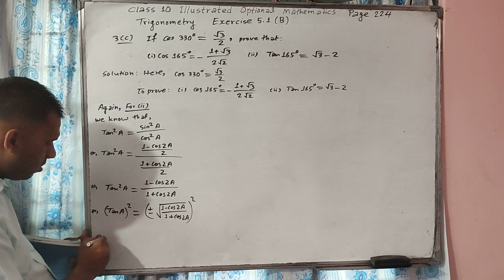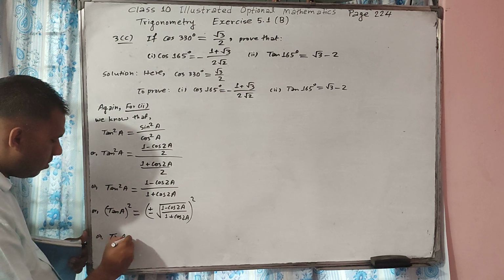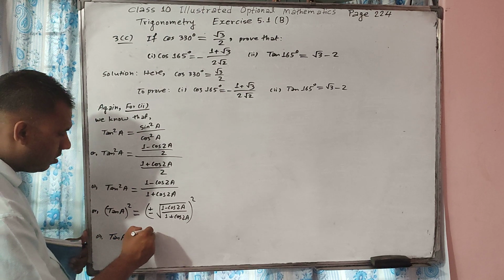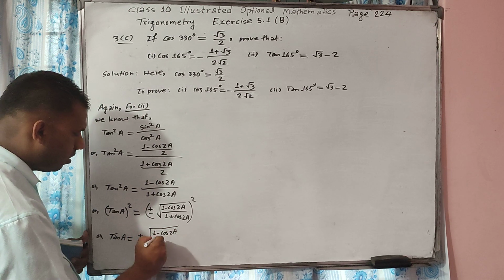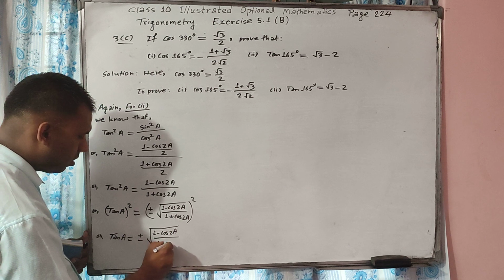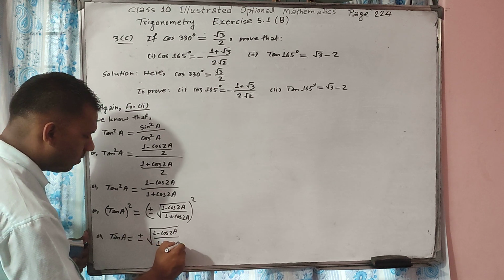Or tan A equal to plus minus square root of (1 minus cos 2A) whole upon (1 plus cos 2A).